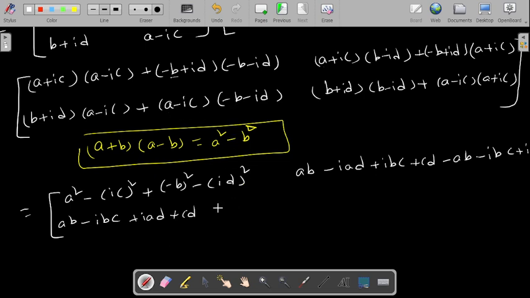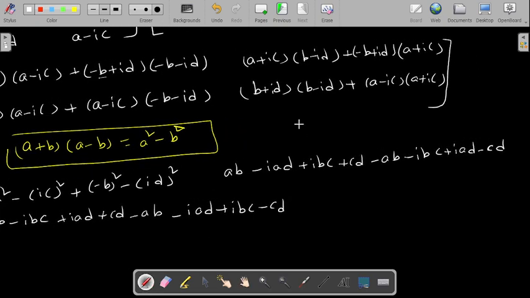Next, A into minus B, minus AB, minus iAD. Next, minus into minus plus iBC. Next, minus into minus plus i into i square, minus CD.